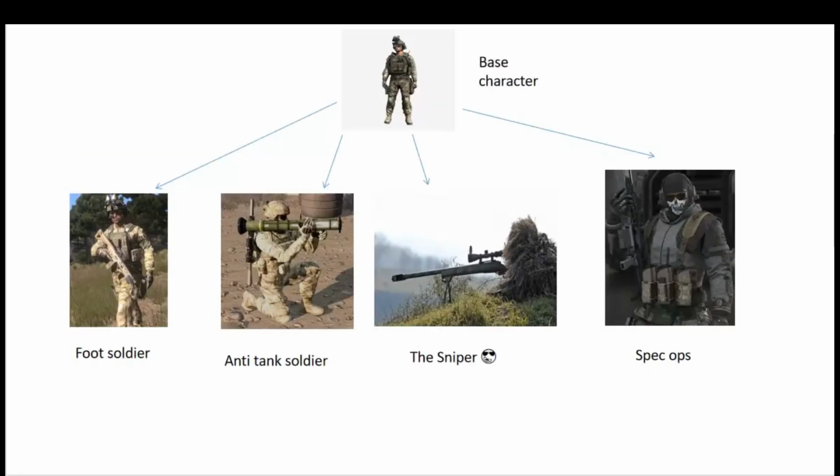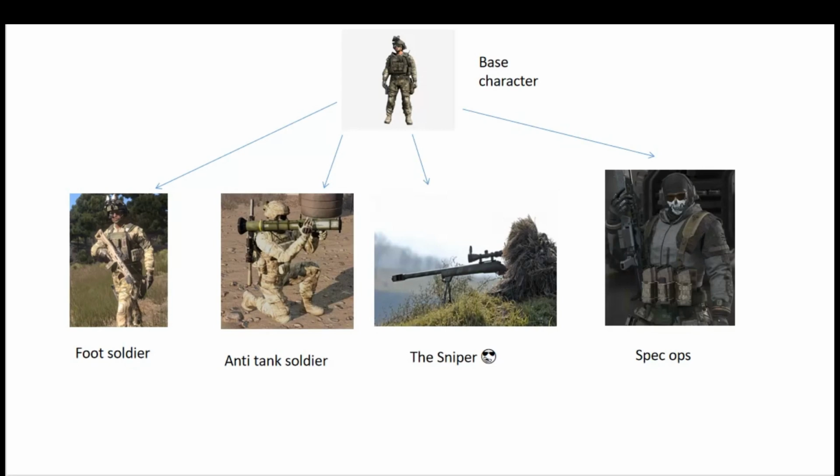Okay, diving straight into it. This is an interesting pictographic model that you can probably understand. These are basically the characters that are going to be there in the game. I think you already figured out that our game is going to be a military shooter, first person shooter based game, or a military simulation game.